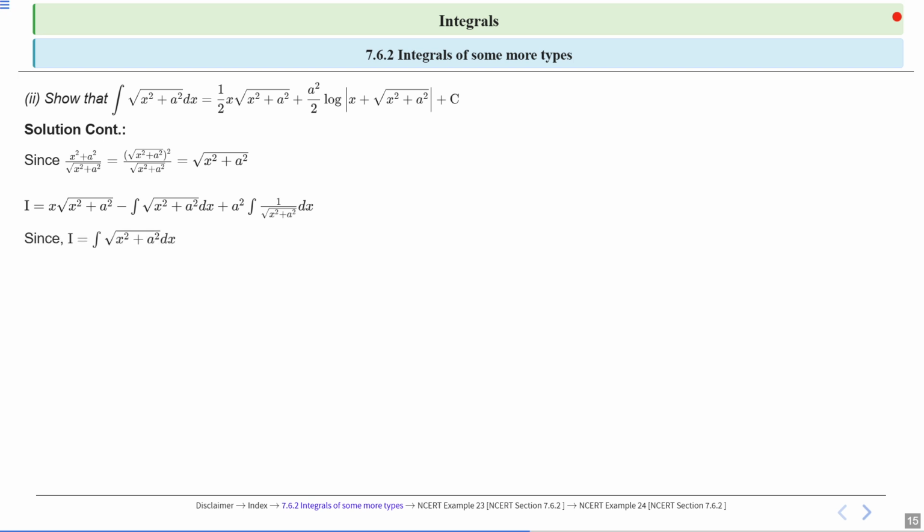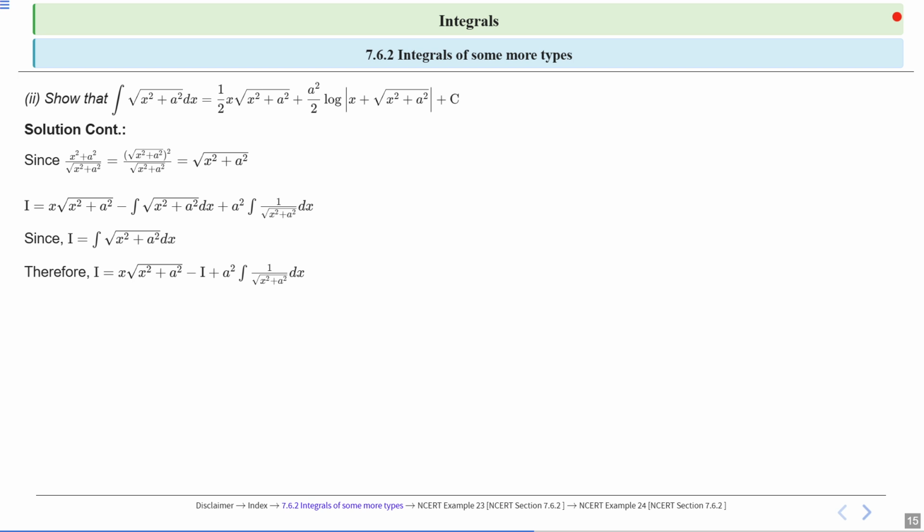Since the second term is again I, in place of the second term just take it as I. So I is equal to x into root under x square plus a square minus I plus a square integration of 1 by root under x square plus a square dx.